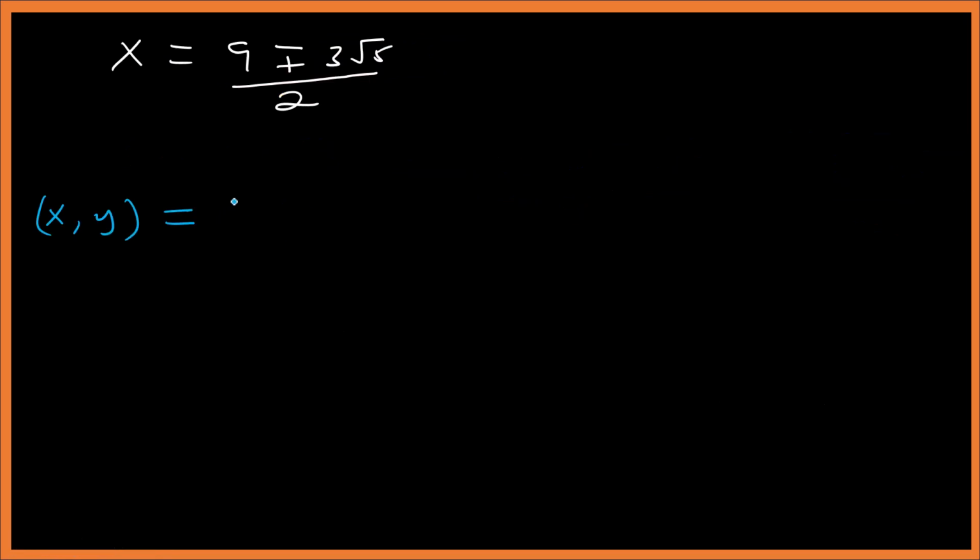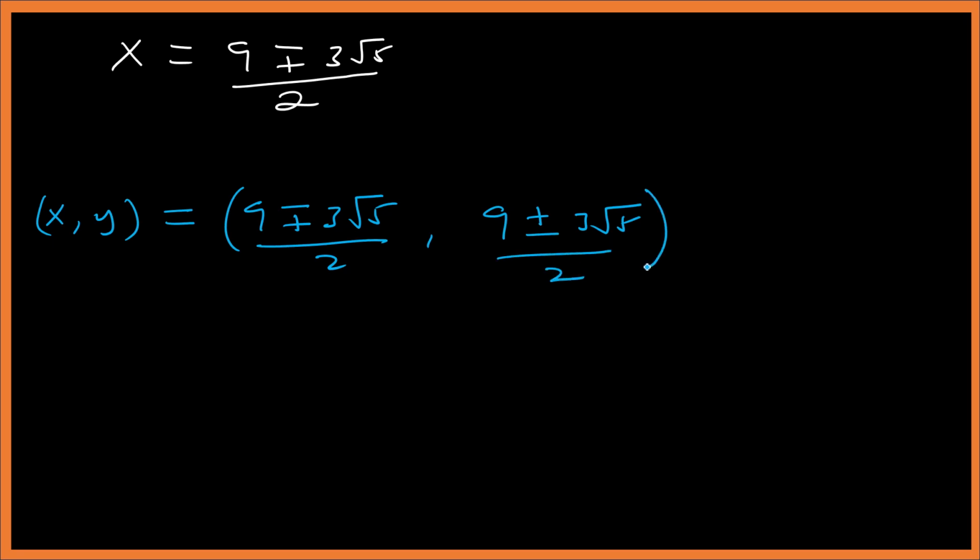So my X will be 9 minus or plus 3 root 5 on 2, and my Y is 9 plus or minus 3 root 5 on 2.